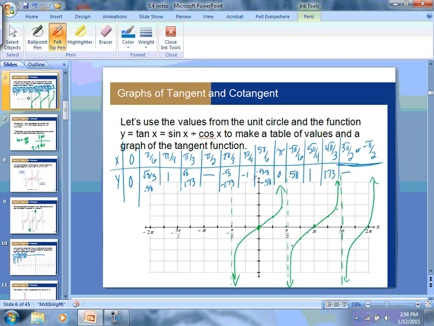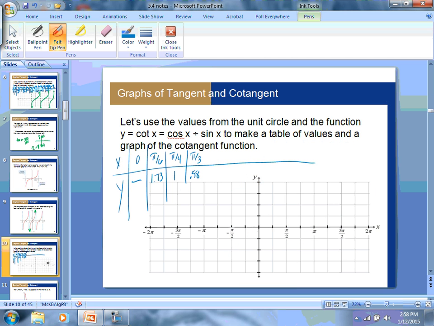I'm going to go back for a moment to our tangent graph. Our first few values here, we had 0, and then we had the 0.58, and then the 1, and then the 1.73. Now I have undefined, 1.73, 1, and then 0.58. Okay, so we're starting with bigger values and we're dropping as we're going around the unit circle here.